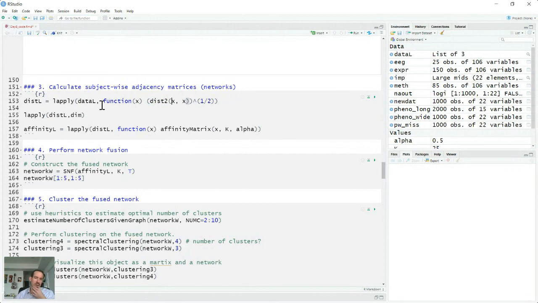Another thing you'll notice is that this data set is not actually extremely highly dimensional. For the sake of interpretability, and also for speed of running, I didn't make the expression data set with 10,000 genes. I didn't make the EEG data set with, I don't know, there's only so much you could really blow up; they're not individual leads. There's only 25 variables in the EEG data set, 150 genes in the gene expression data set, and 85 methylation points in the methylation data set.